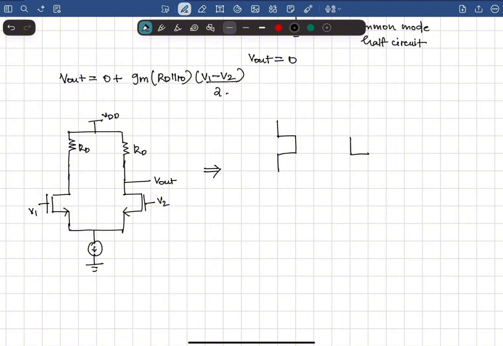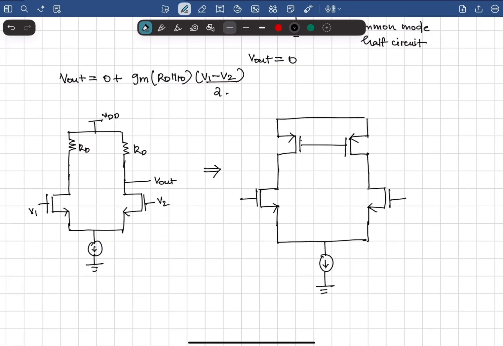The resistors will be replaced by a PMOS, and an output will be taken here.